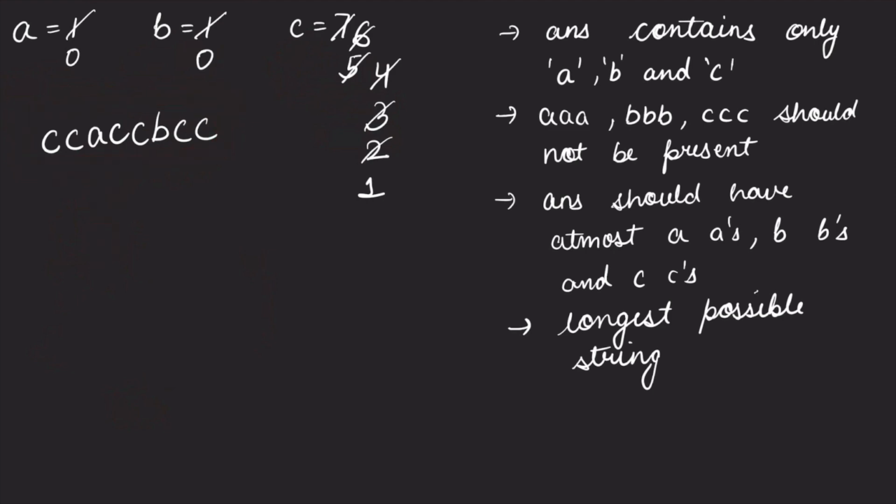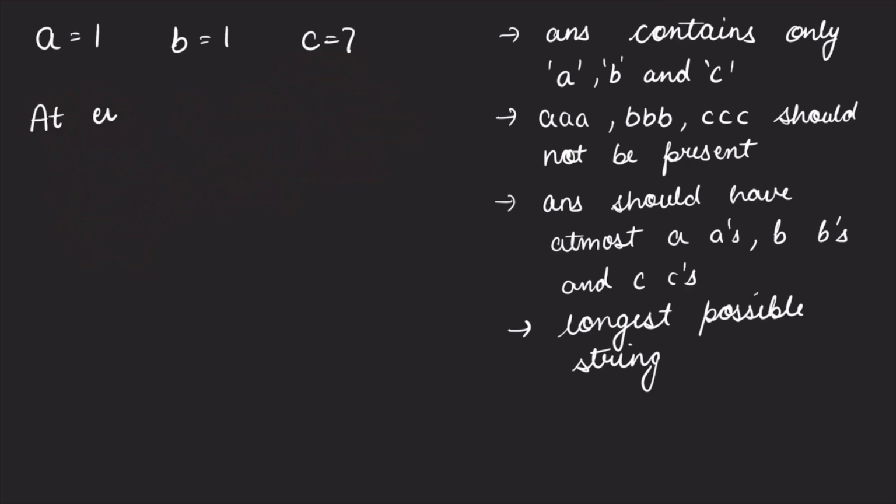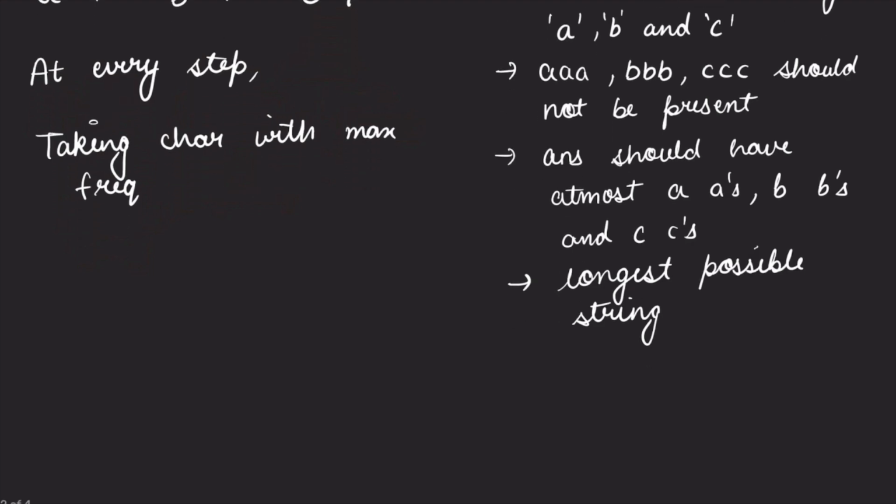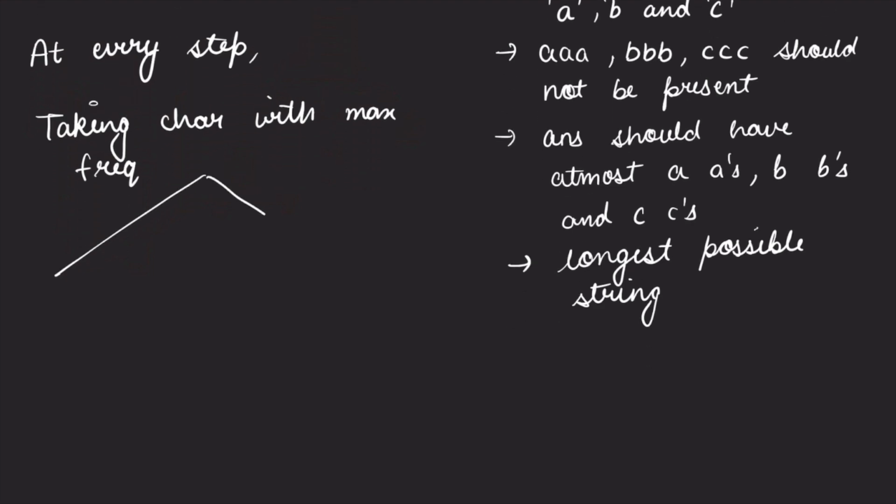So now, if you see here, at every step what we are doing is taking the character with maximum frequency, right? After we have taken it, we are comparing it with the last two characters. In that case, you will have two scenarios. One is that your answer string does not have two characters as of now.